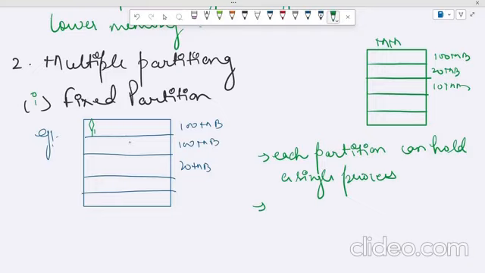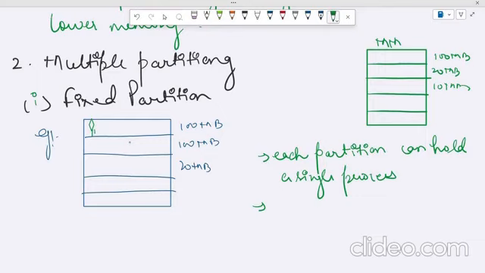Next, these partitions are made at the time of system generation and remain fixed after that. When the system is generated, the partitions are made, and they are always the same.